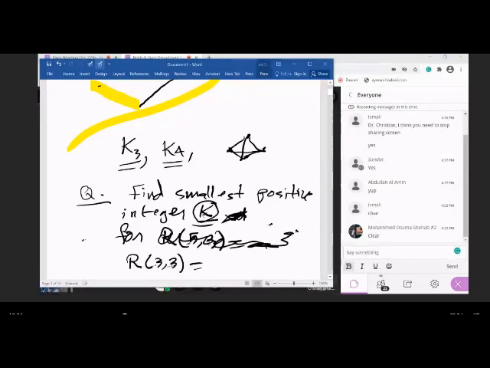So you will have 3 persons like that, or you will have that. It turns out R(3, 3) is known, and it is not difficult: it is 6.